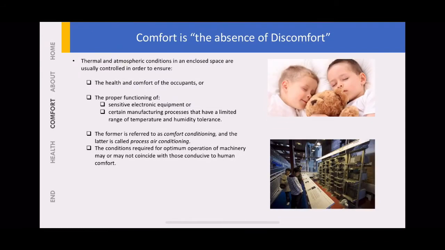Now let's go for the first one, the comfort condition. Comfort is the absence of discomfort. Of course, it may sound so trivial, but it is very important. Comfort is the absence of discomfort. And what is discomfort? Now, not everyone has the same idea of comfortable in the same place, right?